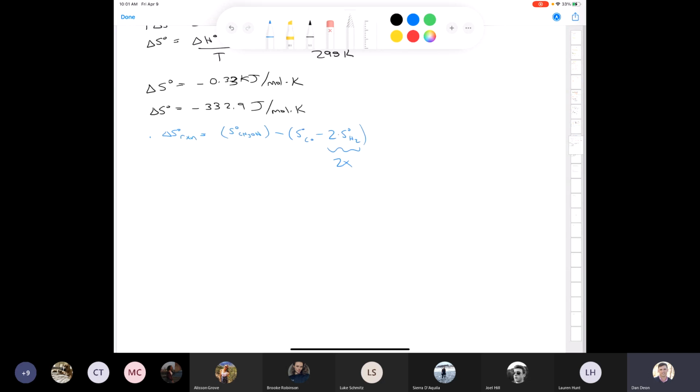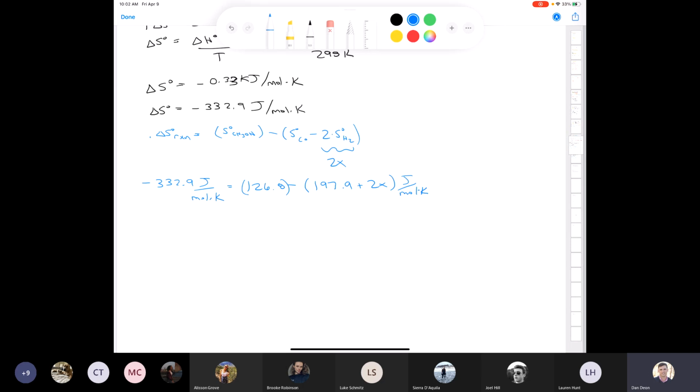And we get the delta S of our reaction, which is equal to negative 332.9 joules per mole Kelvin, is equal to 126.8 subtract 197.9 plus 2x. And of course, this is all in joules per mole Kelvin.